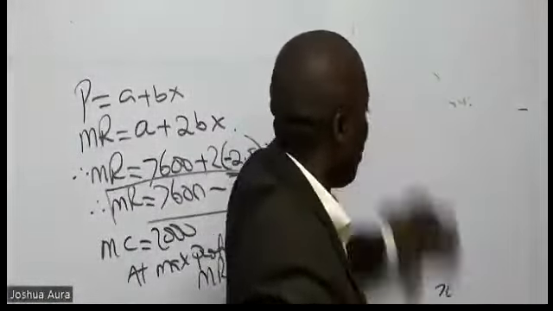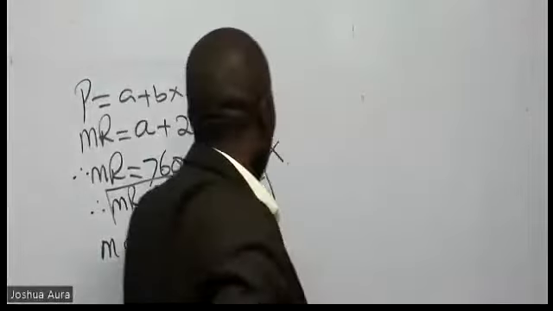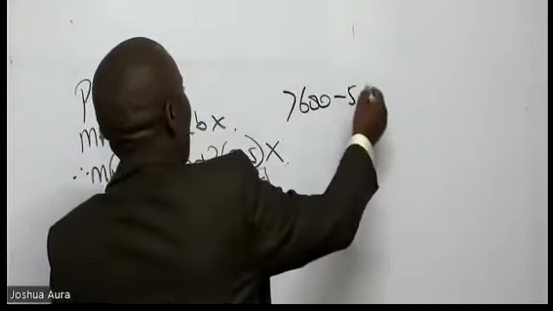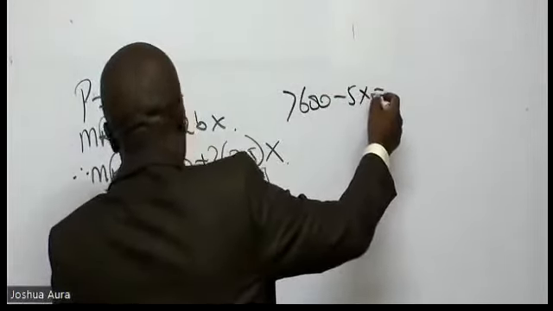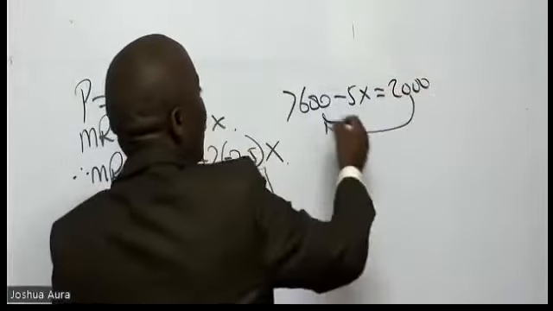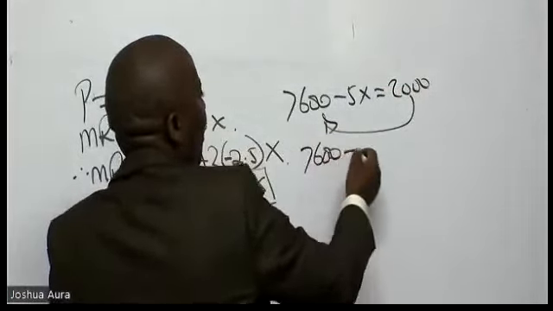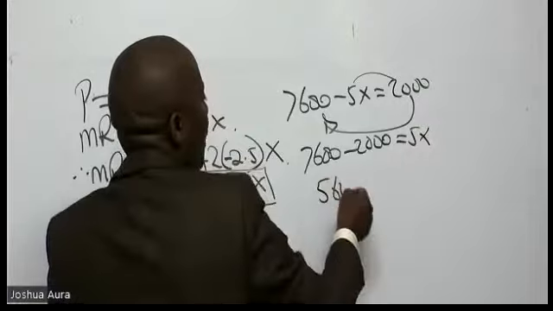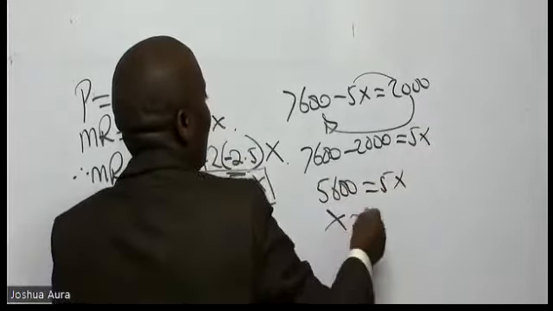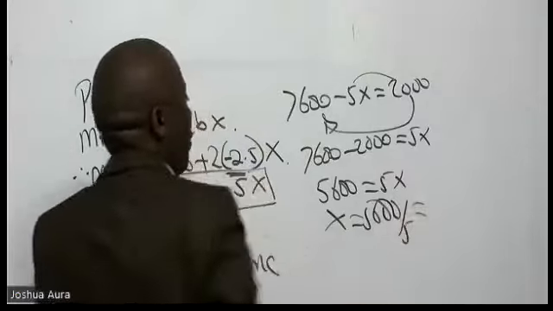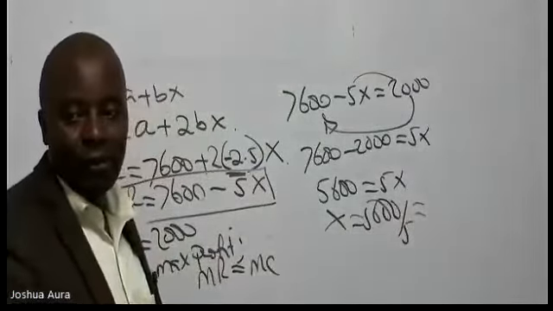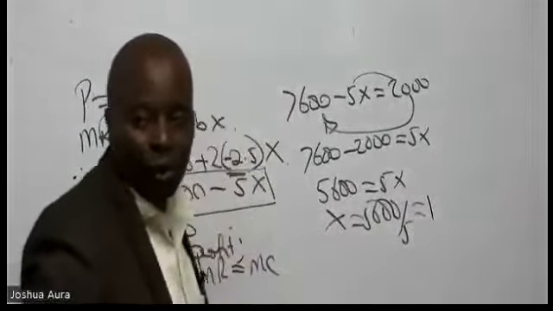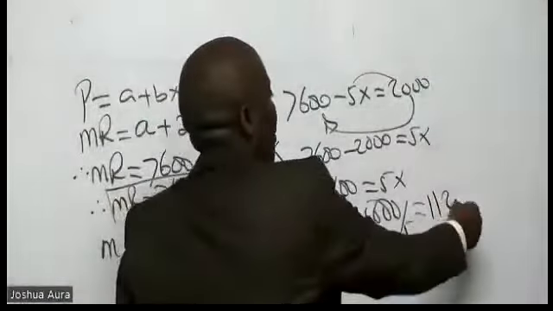Marginal revenue now is 7,600 minus 5X, which should be equal to marginal cost of 2,000. So bring this here: 7,600 minus 2,000 equals 5X. So 5,600 equals 5X. X will be 5,600 over 5, which will end up giving us what figure, somebody here? X is 1,120. Thank you so much.